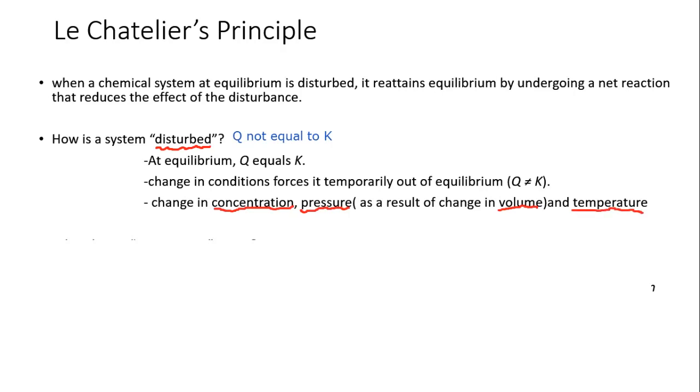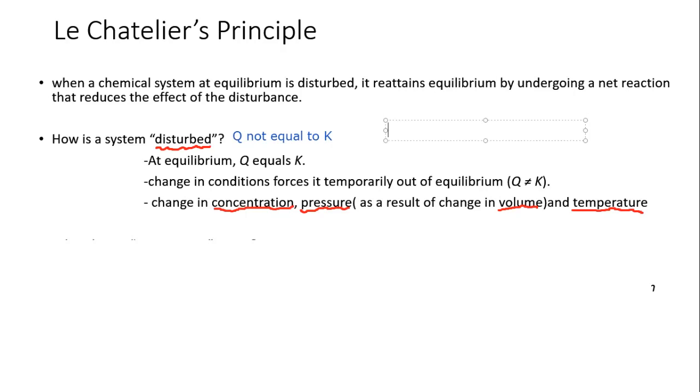So for example, with temperature, most foods, at least most perishable foods, we keep in the refrigerator, because what you're doing is decreasing the temperature so that the food doesn't spoil as easily.